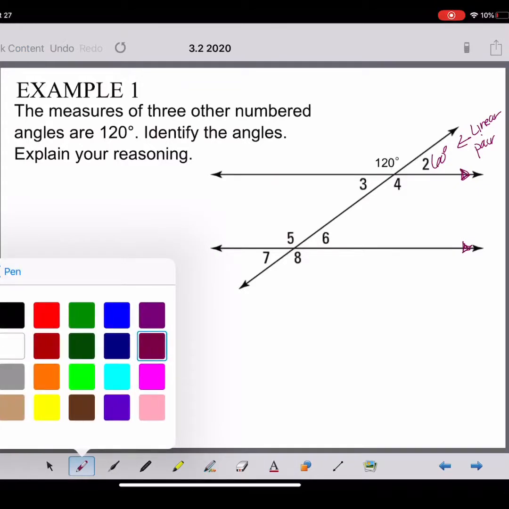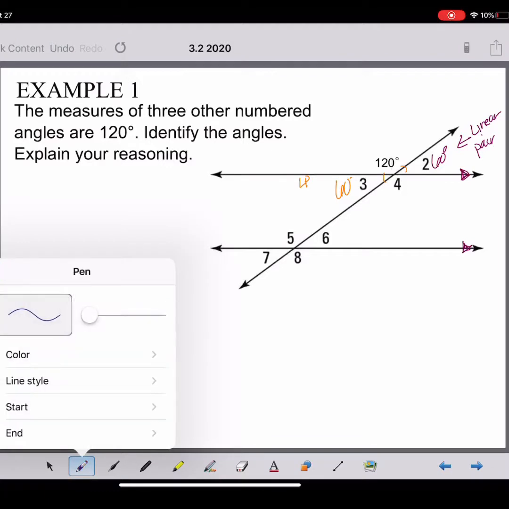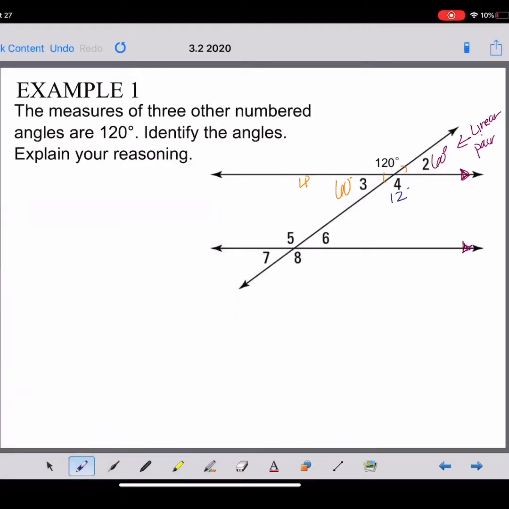Angle 3 is also 60 degrees. You could use linear pair again, or you could use the fact that 2 and 3 are vertical angles. Angle 4 is 120 degrees, because it's a linear pair with 2, linear pair with 3, or vertical angle with 120.